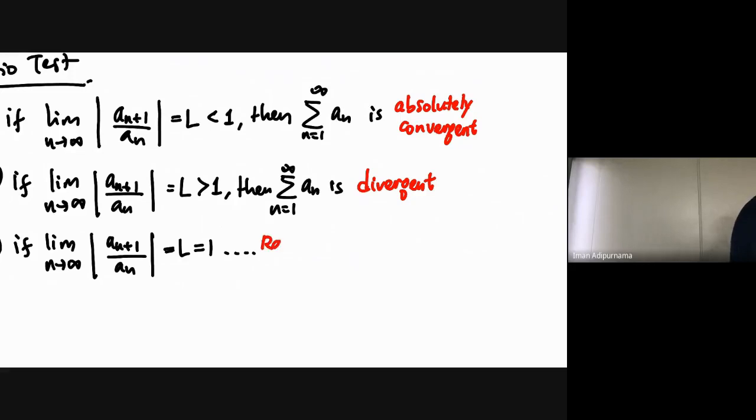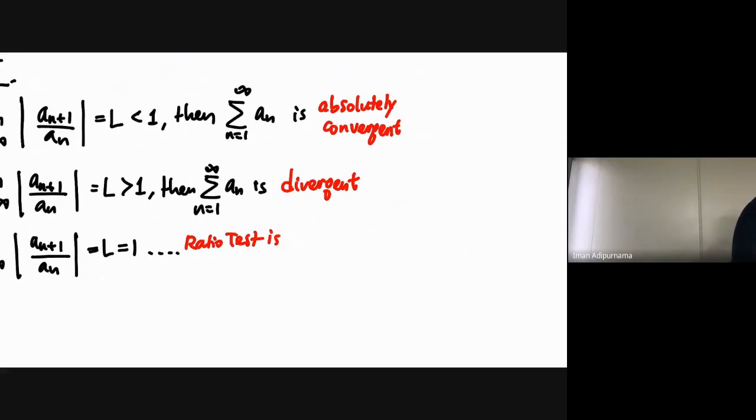Now the ratio test is inconclusive. No conclusion, which means we need to move to another method if this happens.